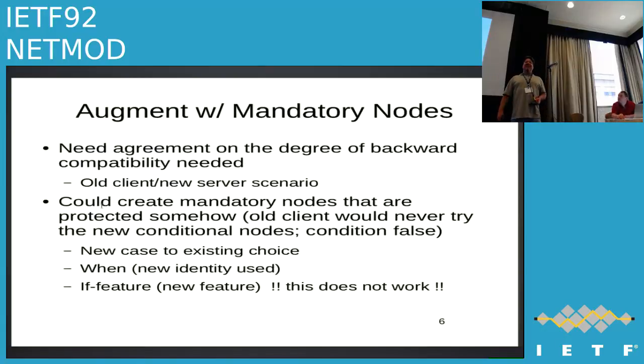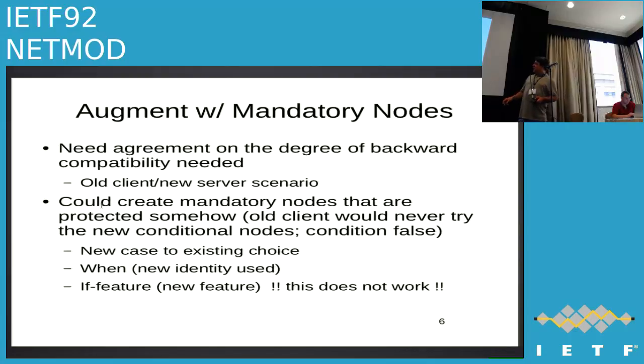Augment with mandatory nodes. If we allow this in YANG 1.1, which looks like we're not, then we would have to have guidelines that say what you're allowed to do. The reason we haven't been able to do this in the interim is that coming up with an exhaustive list that's bulletproof is rather difficult.